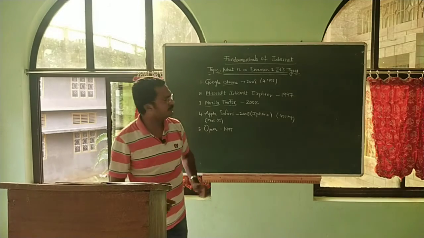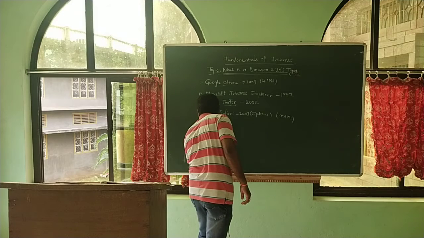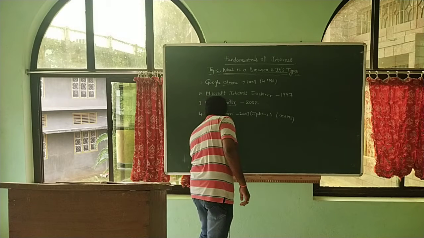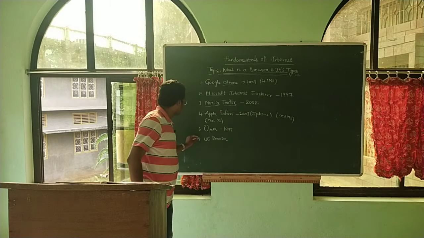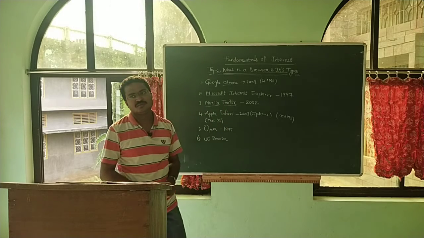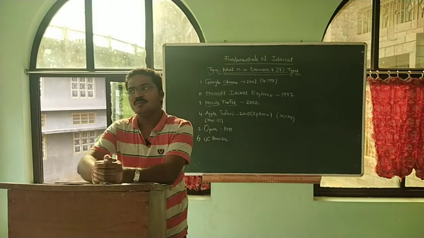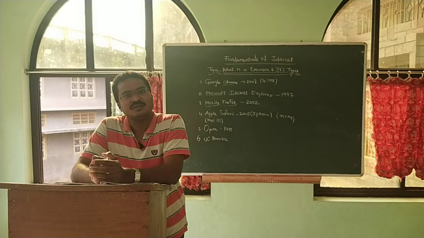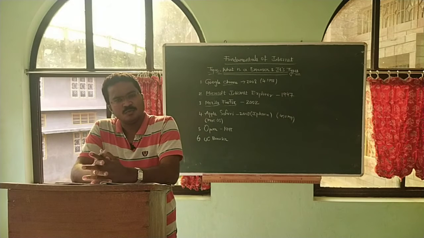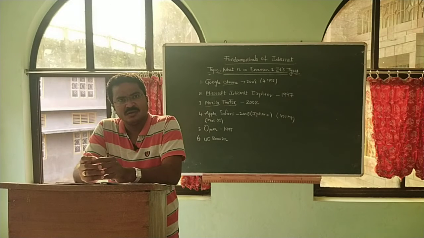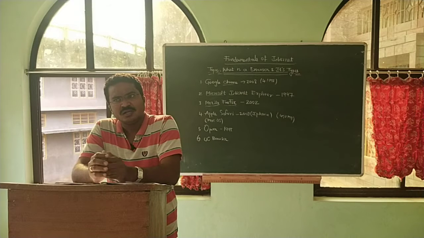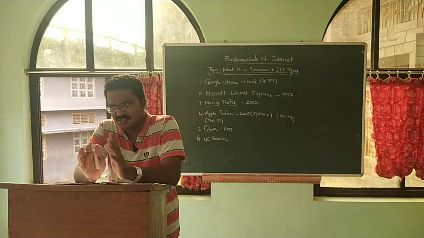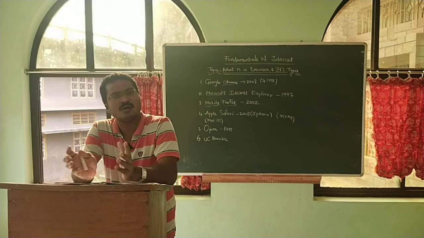Okay, and the sixth browser is UC. In mobile phones, we use the internet mostly for downloading, especially movies or songs. At the time of downloading, the net speed is too slow and the downloading speed also goes down. What happens is, downloading is very slow and takes a lot of time.